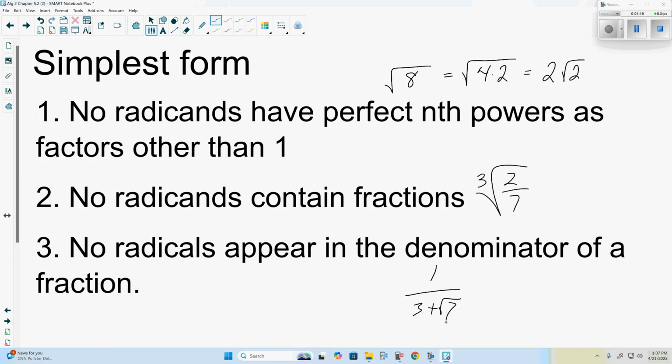Can't have radicals in the bottom of the fraction, be it 1 or an expression. So when we're looking at these, we're simplifying them down as far as possible, making sure there's no perfect nth powers, there's no term we can reduce out, no fractions inside the radical, and no radicals on the bottom. So even 1 over the square root of 7, we cannot leave it in this form.